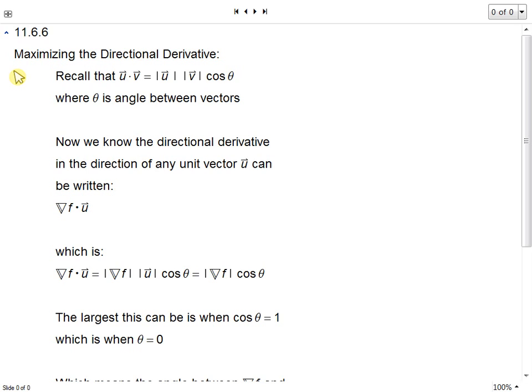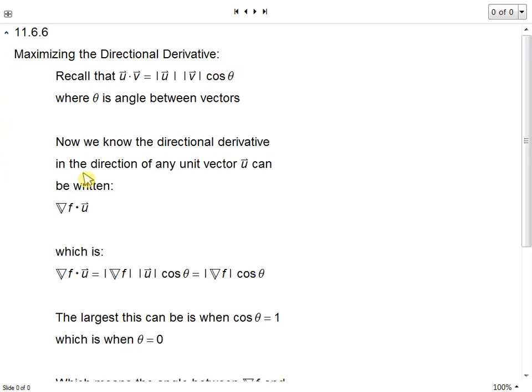It seems like it might be challenging because you can point in any direction. How are you going to check every direction and say, oh yeah, that one's pretty steep, but over here this one's steeper? So it seems like it might be difficult to extrapolate which direction to point in.